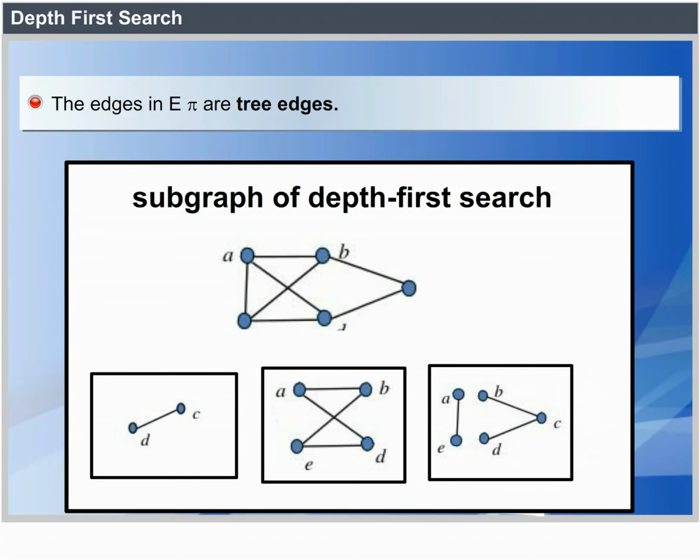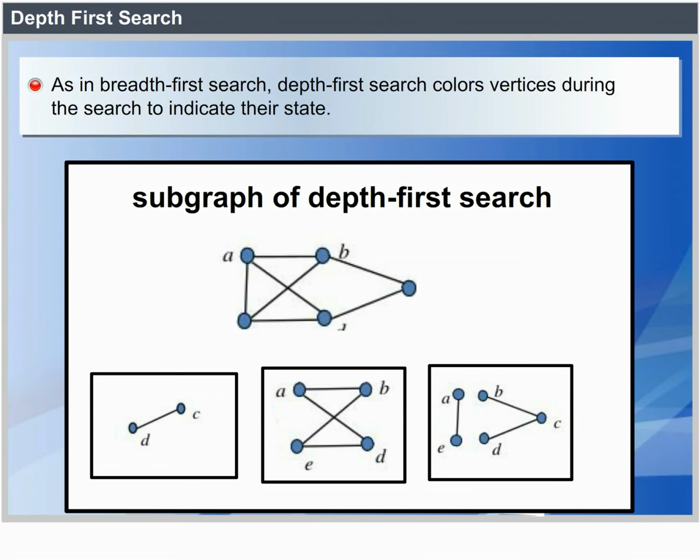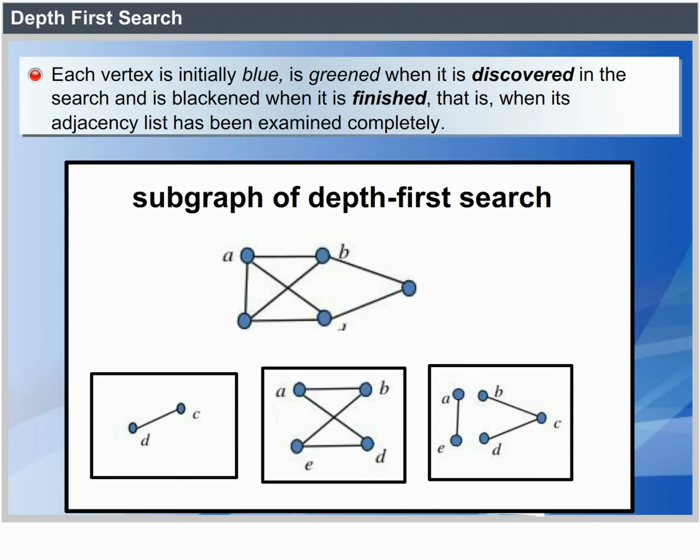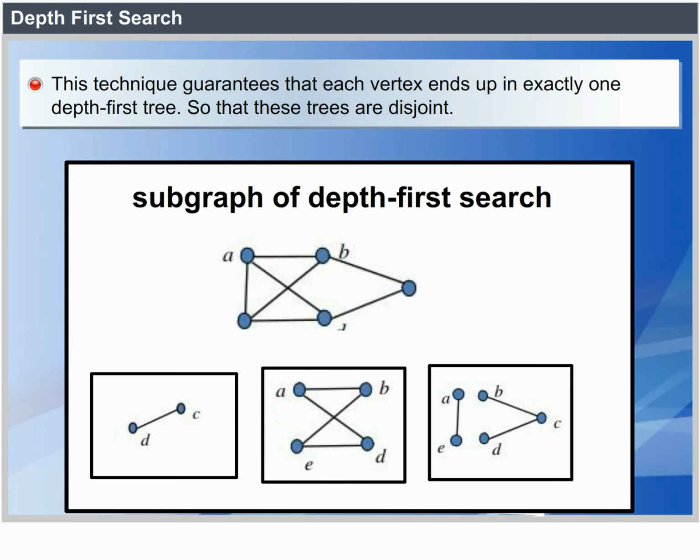As in breadth first search, depth first search colors vertices during the search to indicate their state. Each vertex is initially blue, is greened when it is discovered in the search, and is blackened when it is finished, that is, when its adjacency list has been examined completely. This technique guarantees that each vertex ends up in exactly one depth first tree, so that these trees are disjoint.